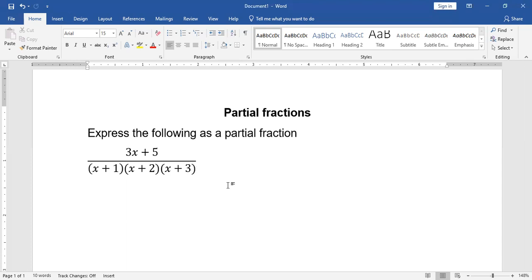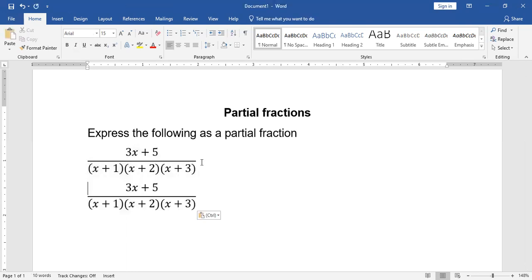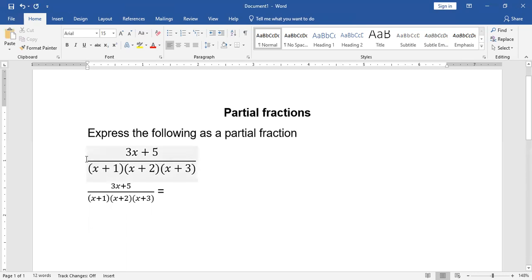How do we decompose this fraction, or how do we make this fraction a partial fraction? Basically, we're just trying to say how this fraction was before it became a composed fraction, into the individual fractions from which it became this.